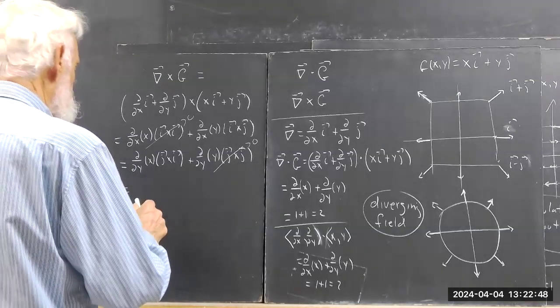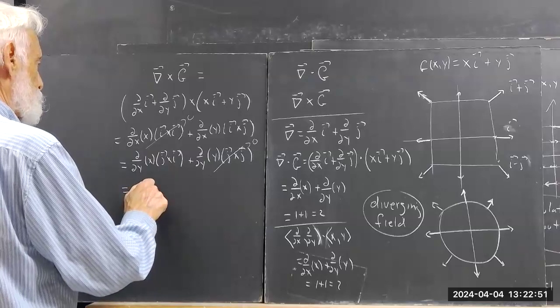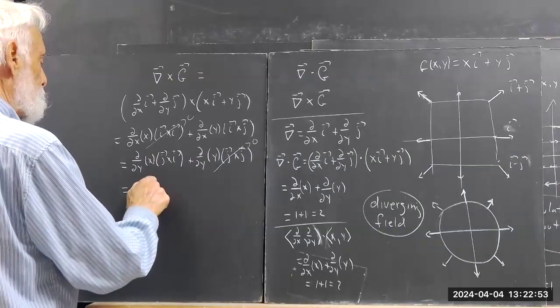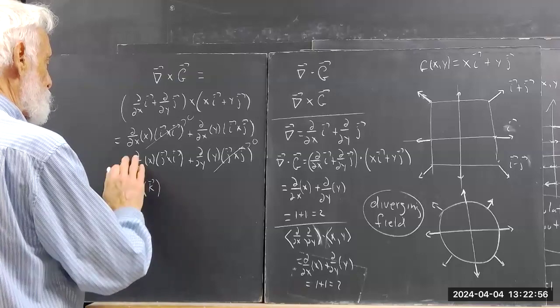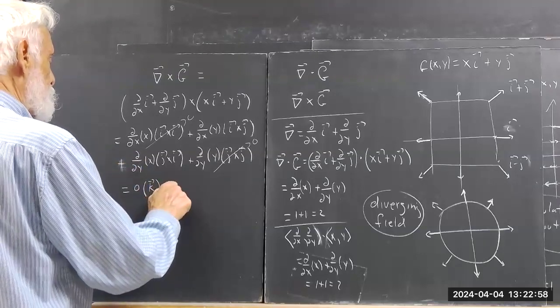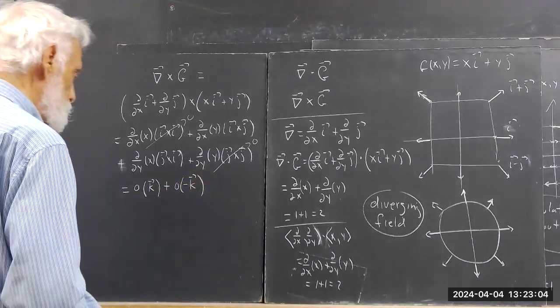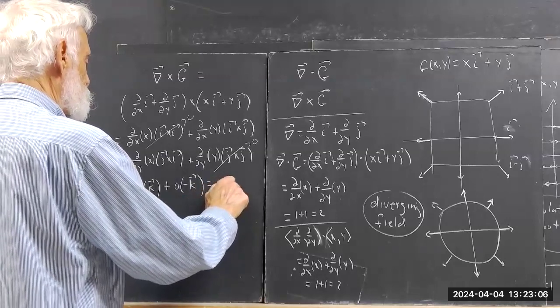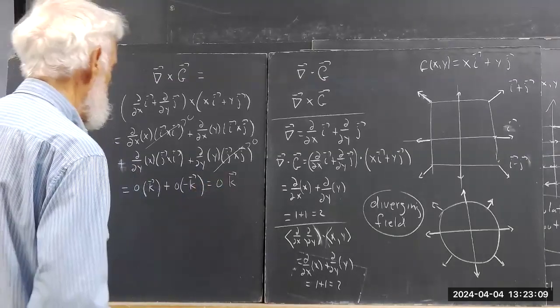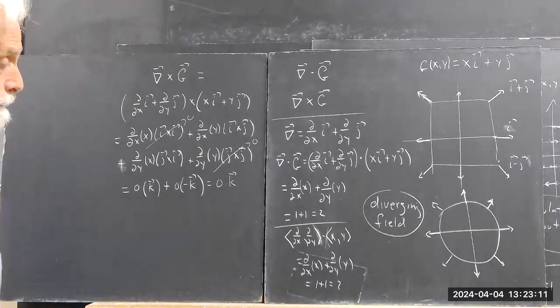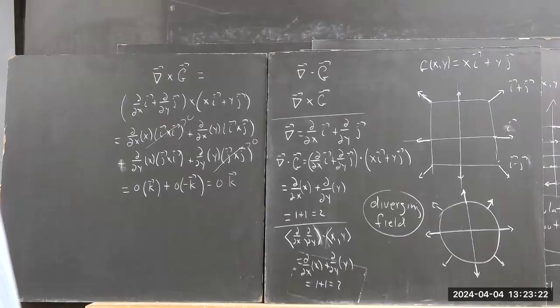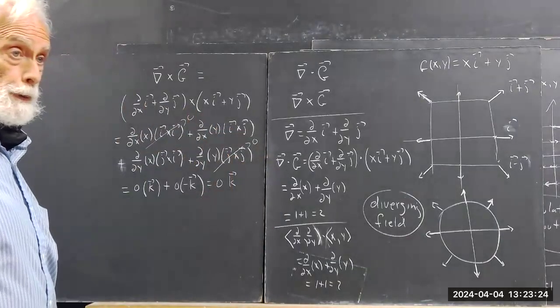So we have 0 times k, plus 0 times negative k, which of course is just 0. Now that's using the distributive law.